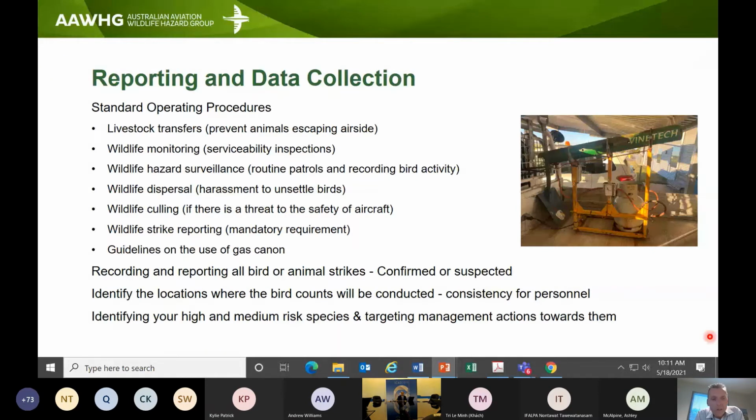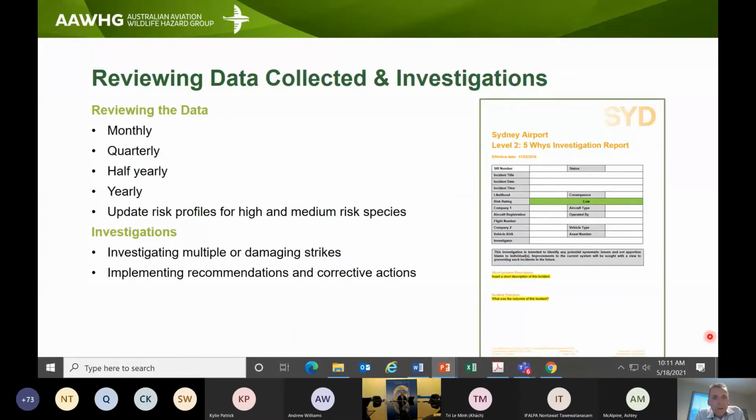What we found is most of the low risk species, ones that may not frequently come to the aerodrome, and are very small in size, will not necessarily cause damage to aircraft. Next slide, please. So reviewing data collected and investigations. So we review our data monthly.